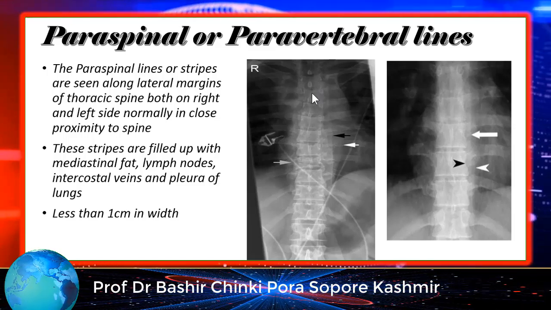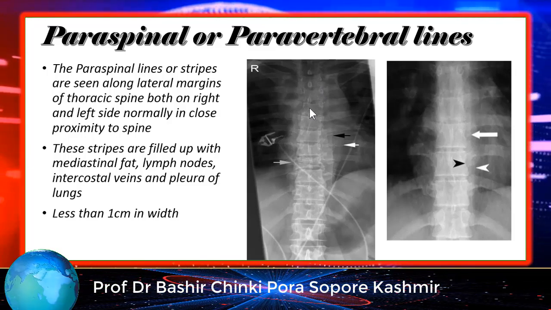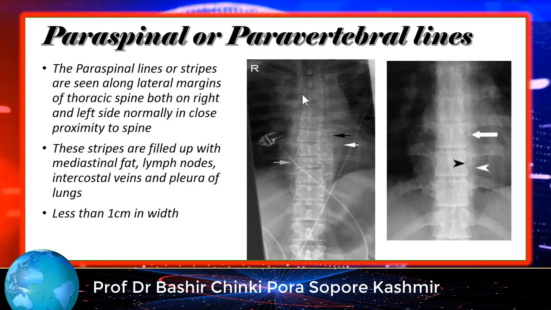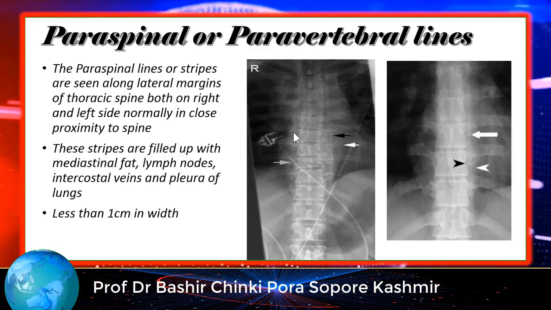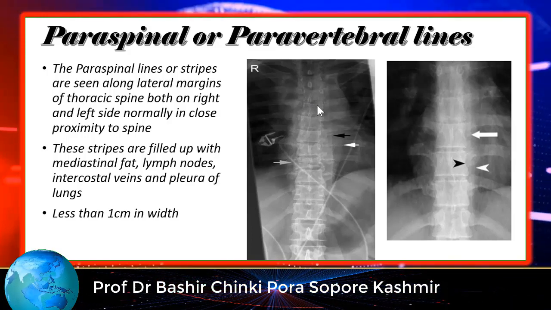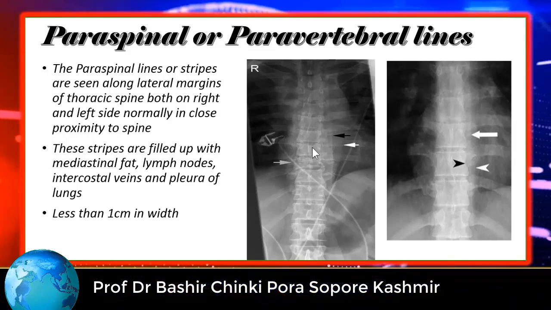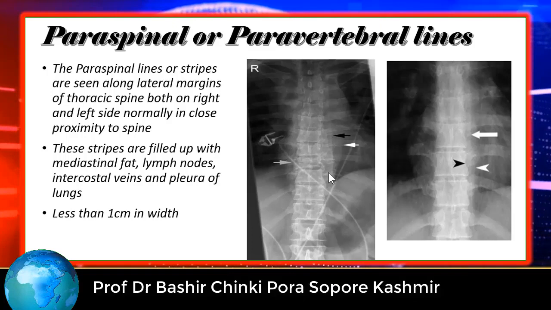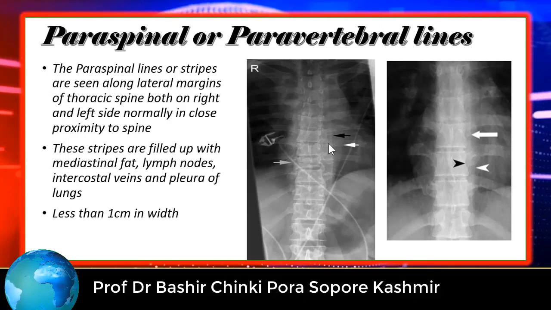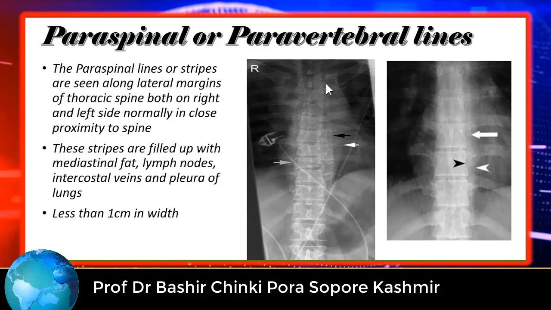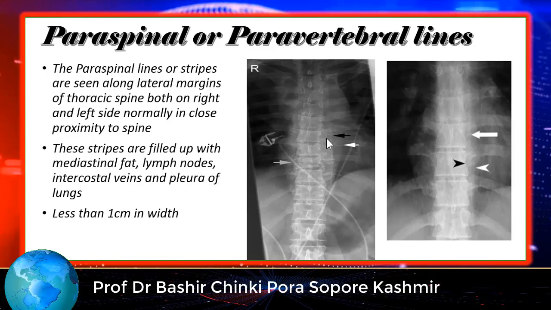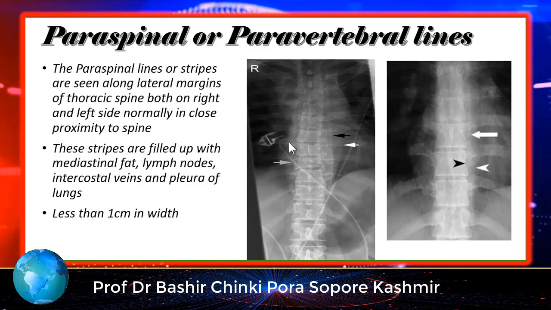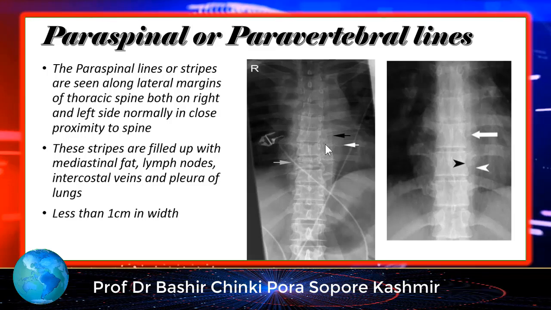So this is the thoracic spine, and on the lateral margins, that is on the left side as well as the right side, and in close proximity to the spine, you see a vertical light opacity, which runs vertically alongside the vertebral column, both on the right side as well as the left side.